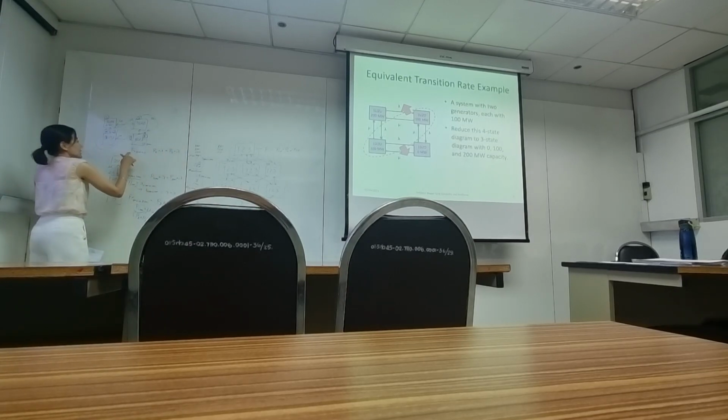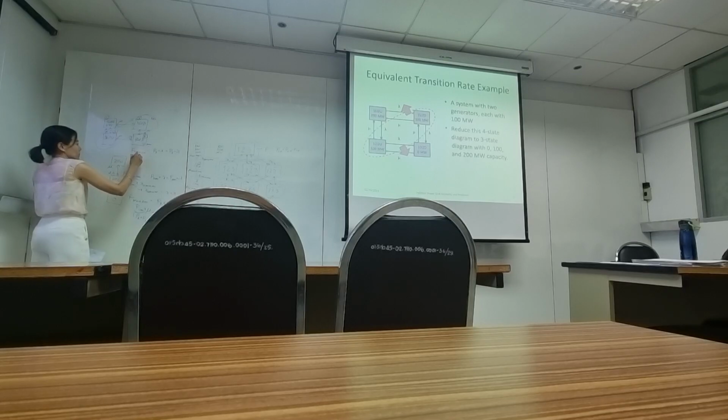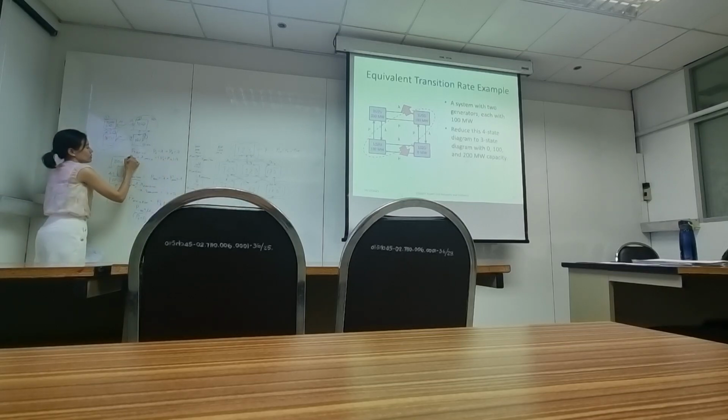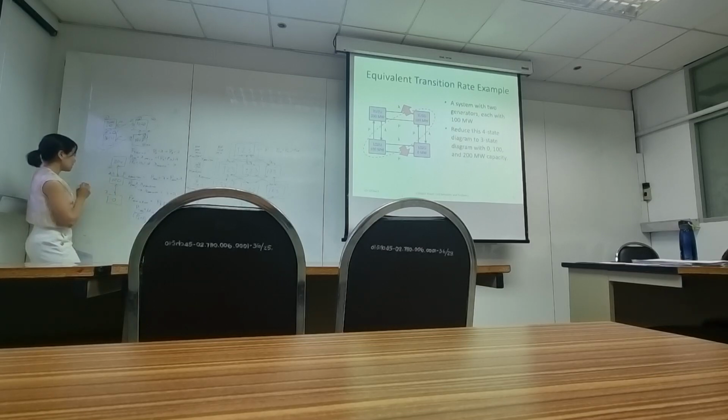And the frequency of 100 to 0 will be the probability of 100 multiplied by the rate of 100 to 0. But again, this probability of 100 is actually P2 plus P3. So this means that the equivalent lambda will be equal to just lambda, right?